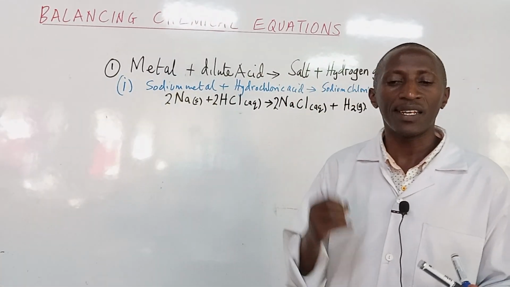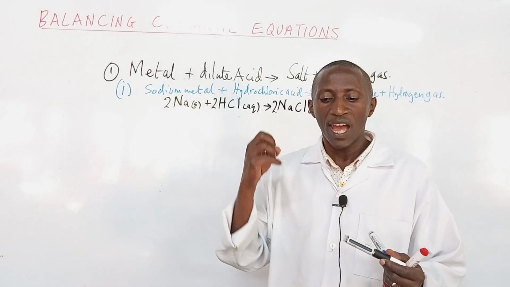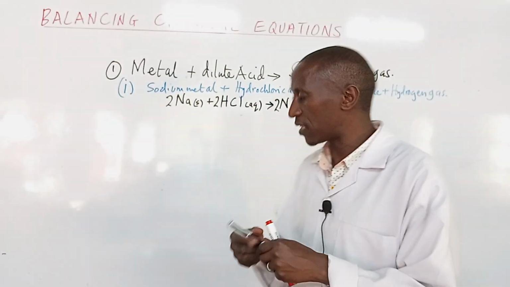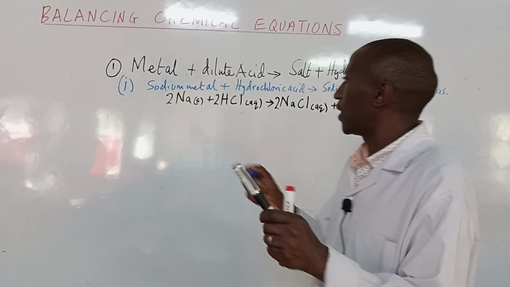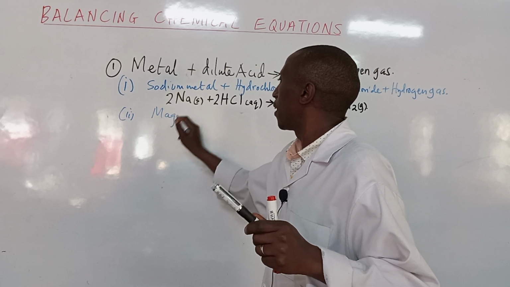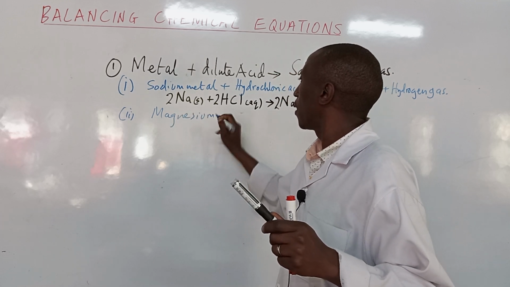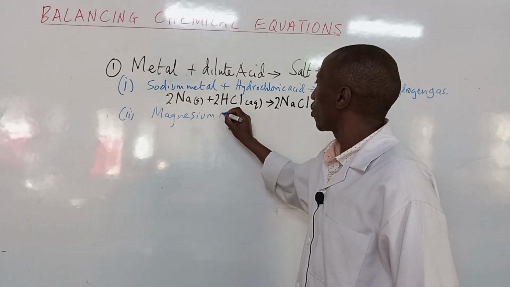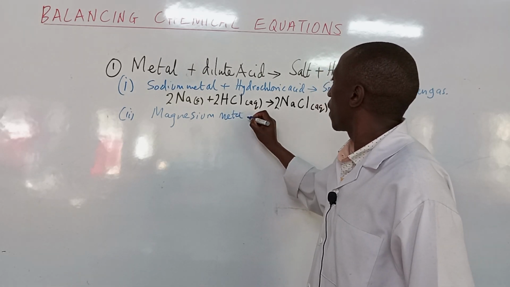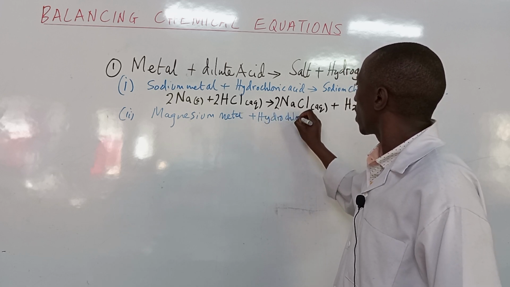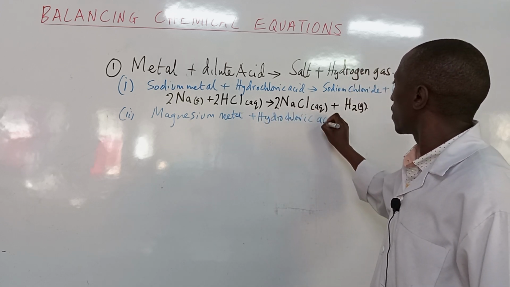Magnesium solid and hydrochloric acid. Magnesium and hydrochloric acid. Let's look at that. Number 2, we have magnesium metal and hydrochloric acid.